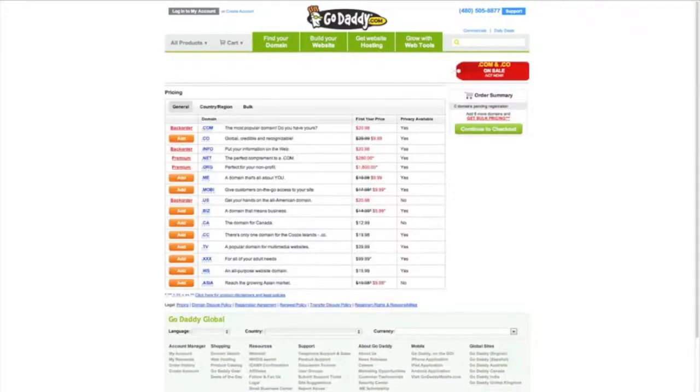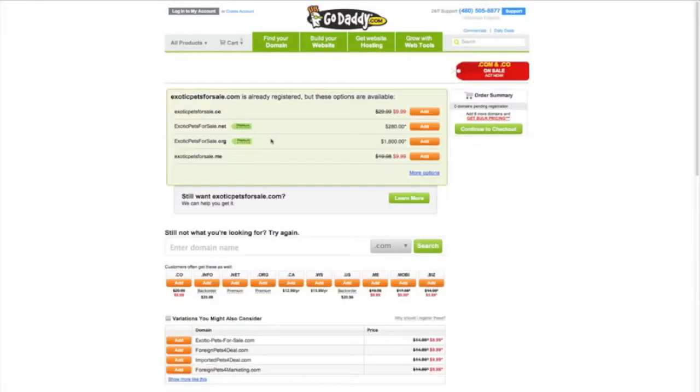ExoticPetsForSale.com is already registered. You can buy the .net for $280, which is not really that bad, to be totally honest with you. If you have exotic pets and you're going to sell them, you could definitely make your money back off of that. I'm not going to pay $280 for it, but it's just there.